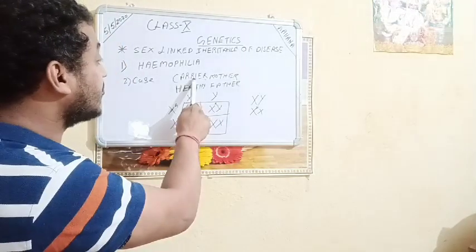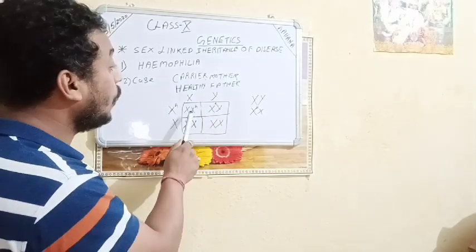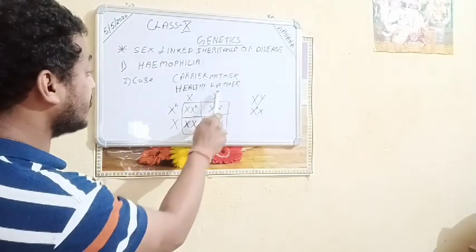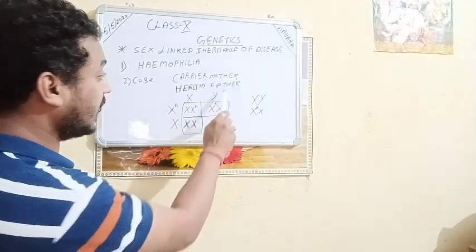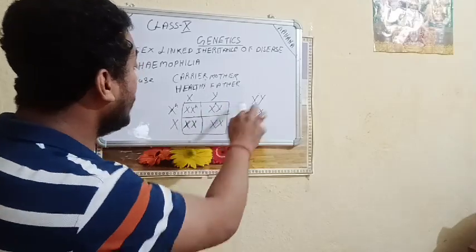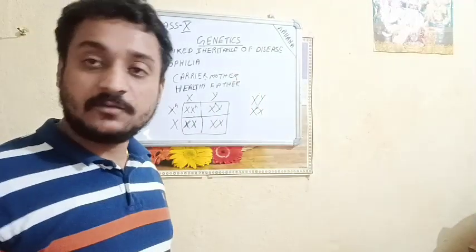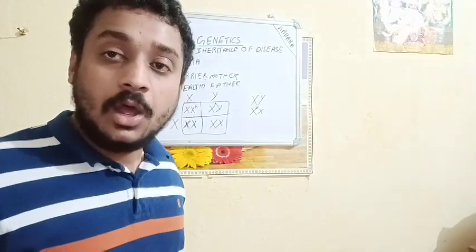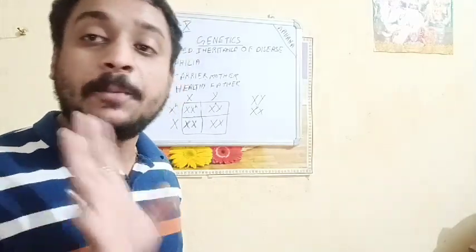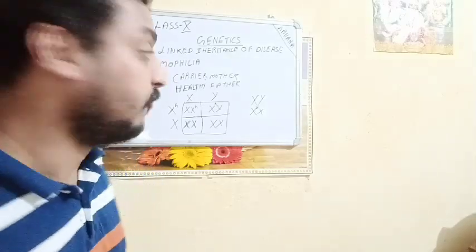Because the mother was a carrier, so one hemophilic son and one carrier daughter. XHX, XHY, XX and XY. This is for carrier mother and healthy father. Father cannot become a carrier.